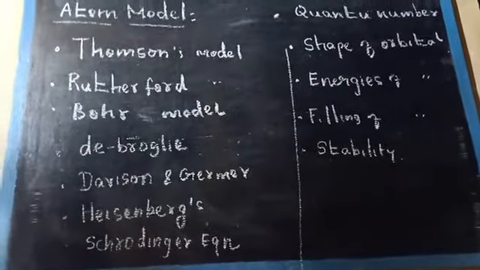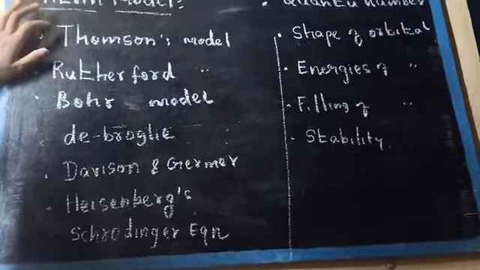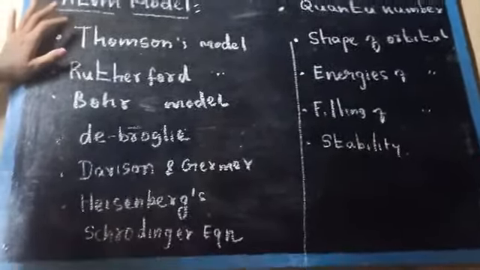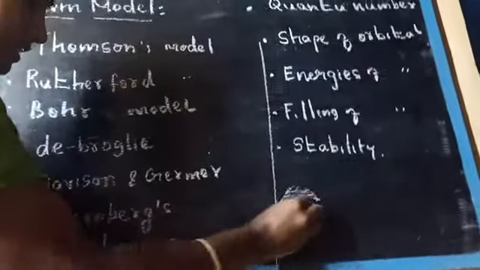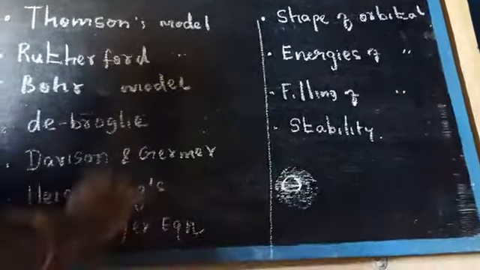We covered the topic of atom models, starting with the Thomson model. The Thomson model talks about the structure of the atom: the whole sphere is positive, and electrons are just embedded in the positive charge of the atom.